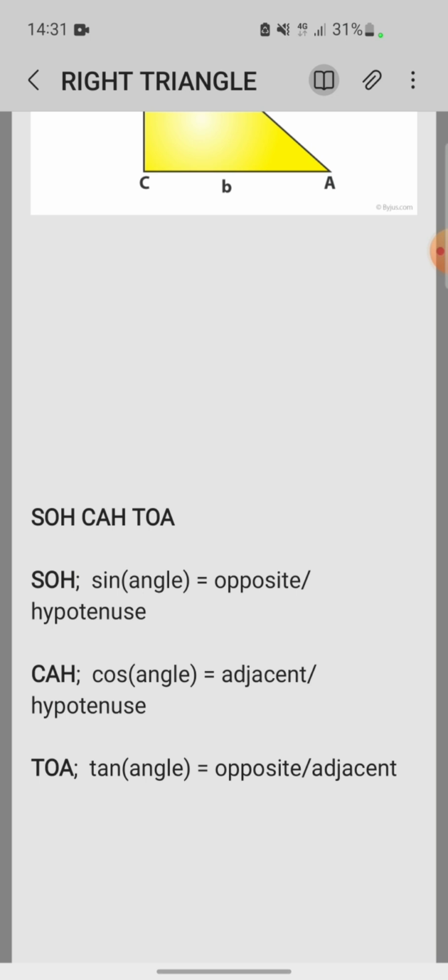So the formula for CAH is cosine of the angle is equal to adjacent over hypotenuse. And lastly, TOA: T stands for tangent, O for opposite, and A for adjacent. So the formula for TOA is tangent of the angle is equal to opposite over adjacent.